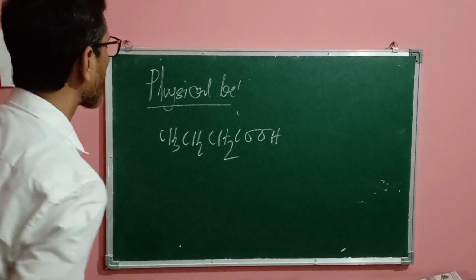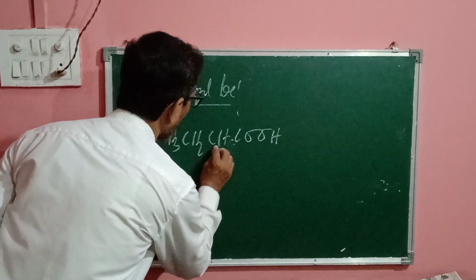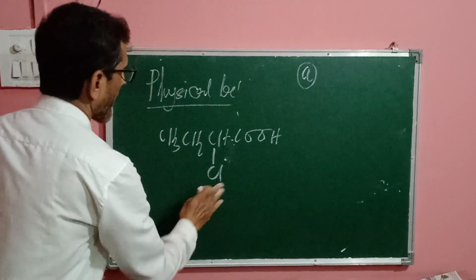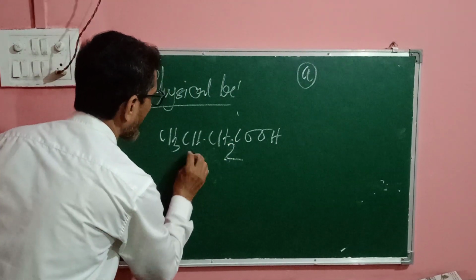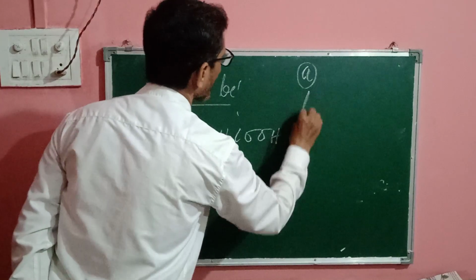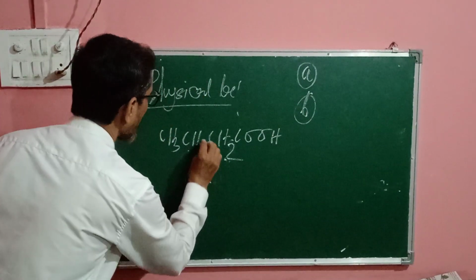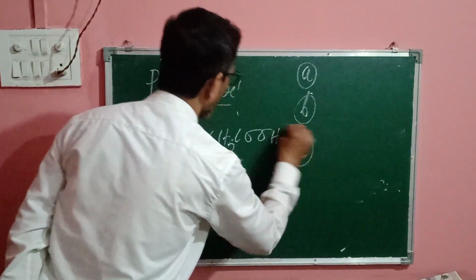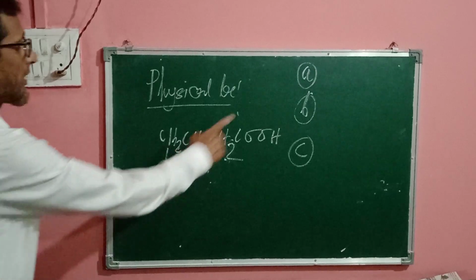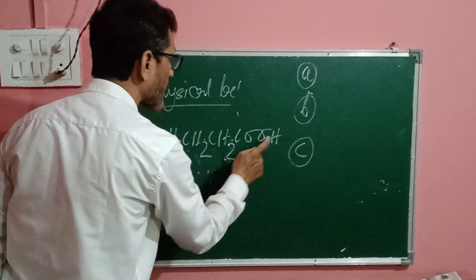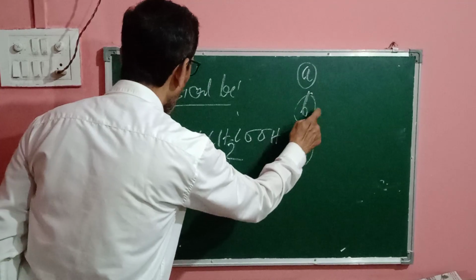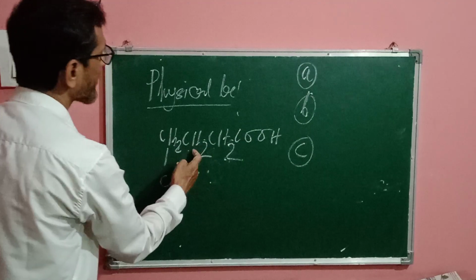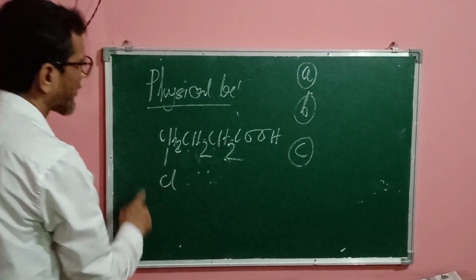From one compound I am showing you, if you enter chlorine here, say it is A. Now keep it same, you enter chlorine here, now say this is B. Keep it same, now enter one chlorine here, say it is C. So in case of A, chlorine was very close to COOH, in compound B, chlorine was attached to the second carbon from COOH, and in C, chlorine is at the end.